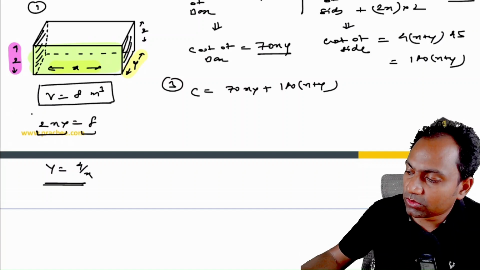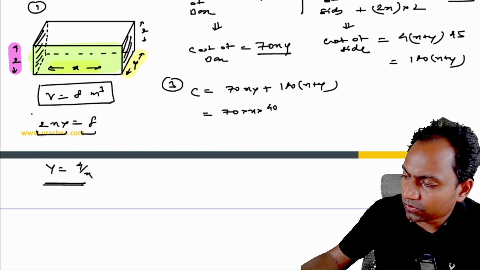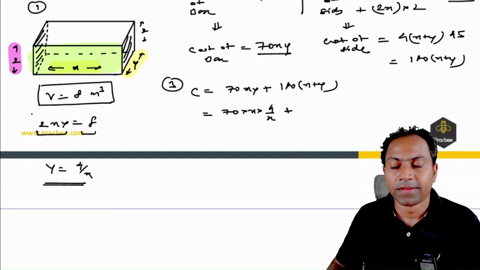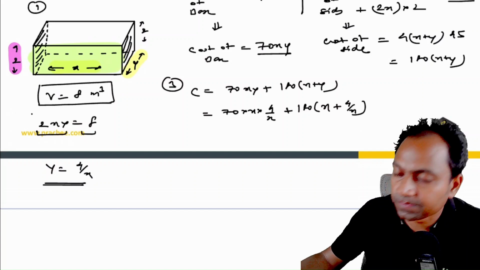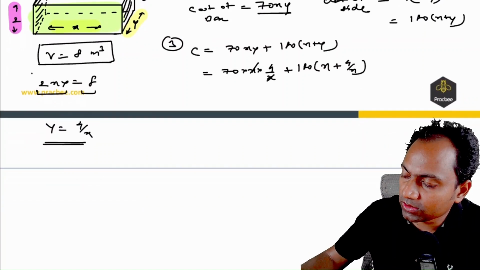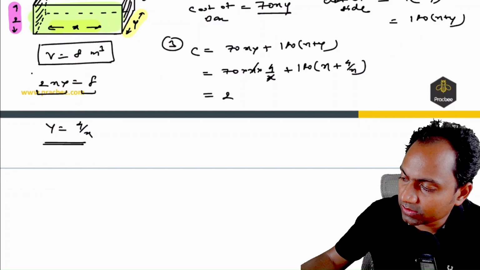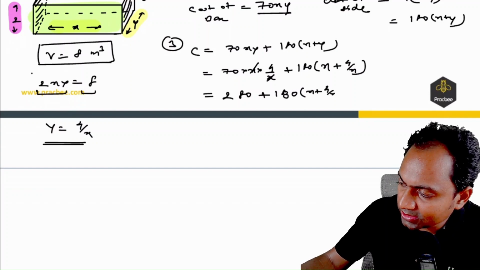So if I substitute this value in the first function, this will become 70 into x into 4 by x. And next, if I substitute the value in the next part, it is 180 times x plus 4 by x. Now once you have done this, we have got the function. The x will get cancelled out. In the first part, we are getting 4 into 70, 280, plus 180 times x plus 4 by x. This is the function that we have got.